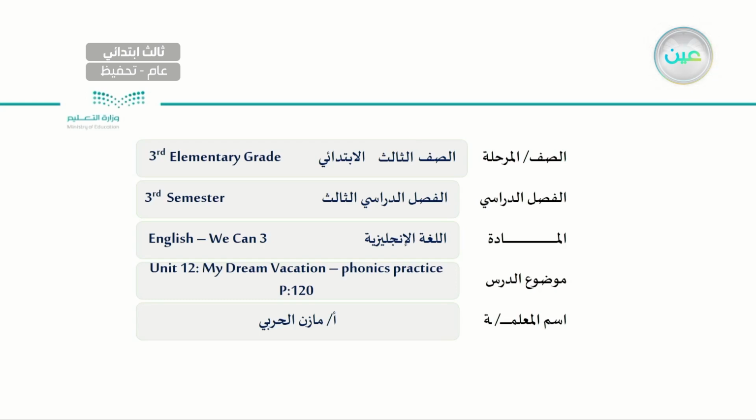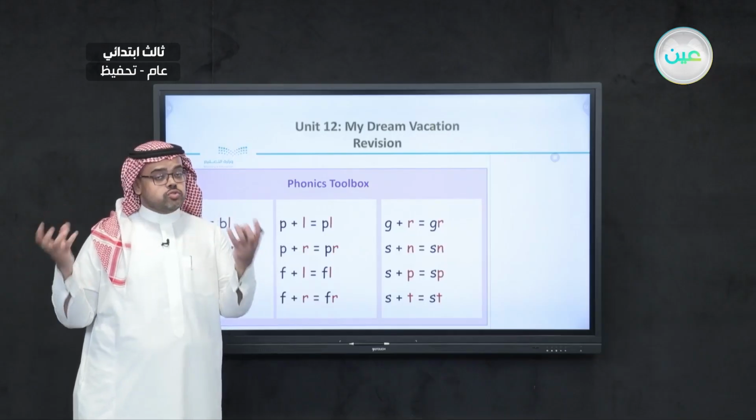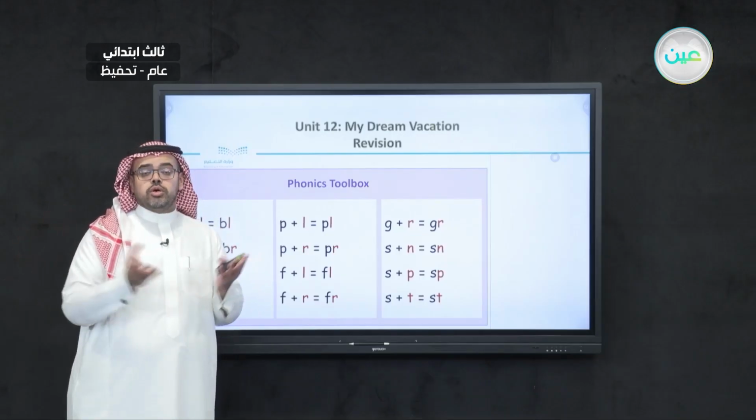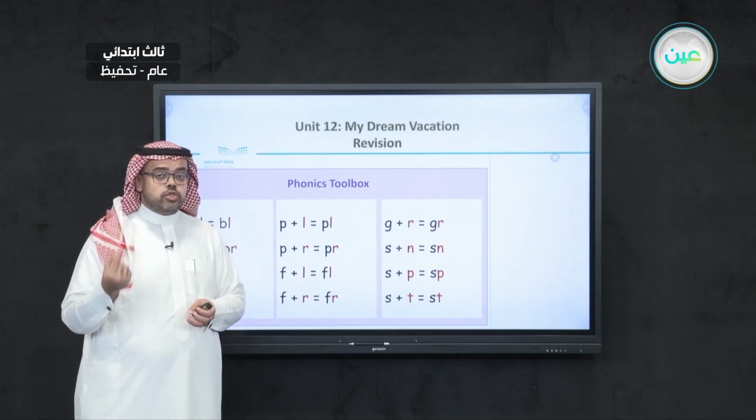So let's begin. Quick revision of our last lesson. In our last lesson, we learned something that we call the Phonics toolbox, where we learned that sometimes when we have two separate letters and join them together, they make one sound unit.